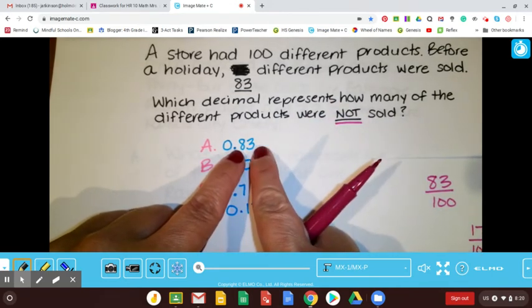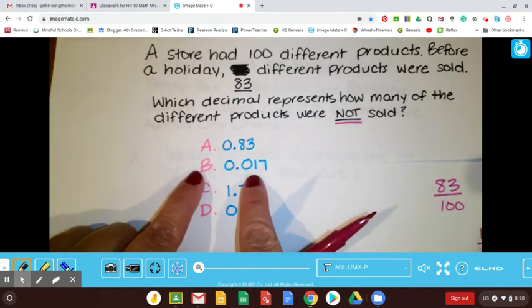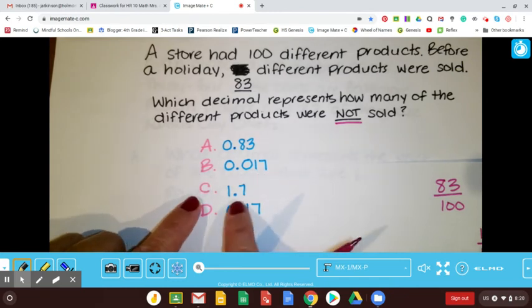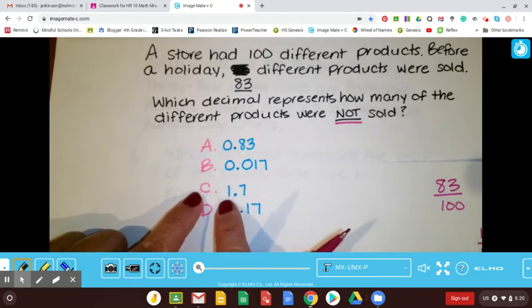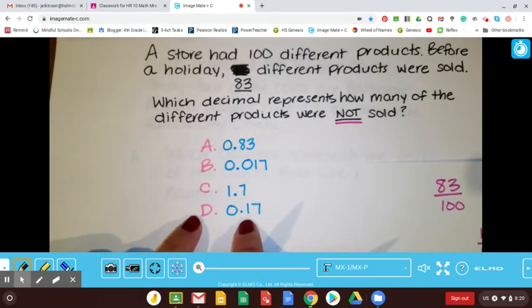So this one might be something that a kid thinks is correct, even though it's not. This guy says 17,000ths, so that's not it. Choice C says 1 and 7/10ths, that's not it. And D looks like our winner, 17/100ths. So D would be our answer there.